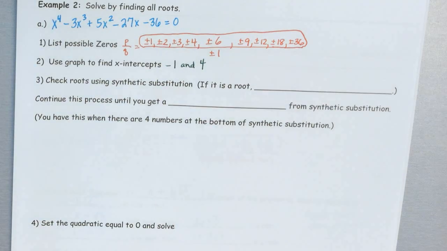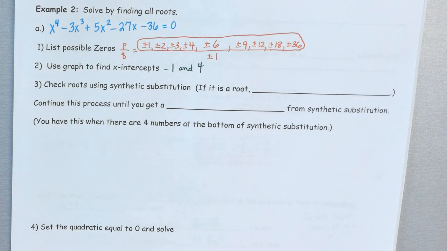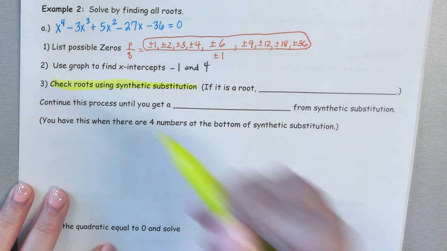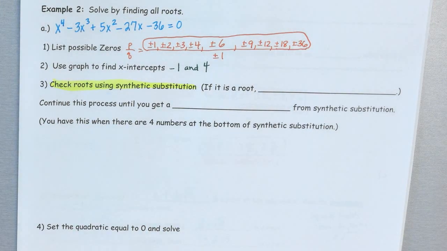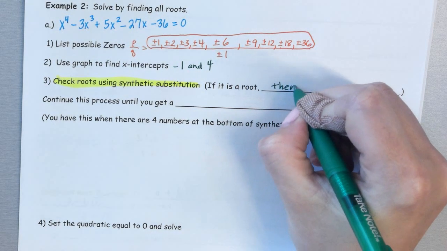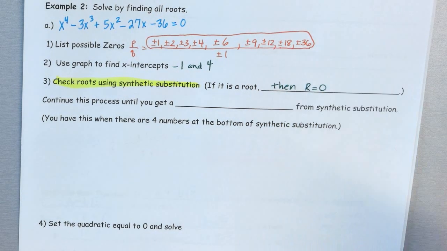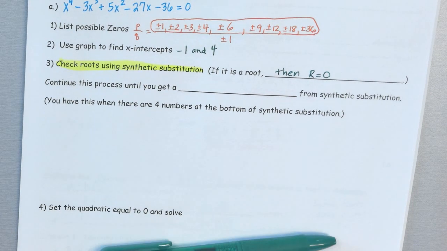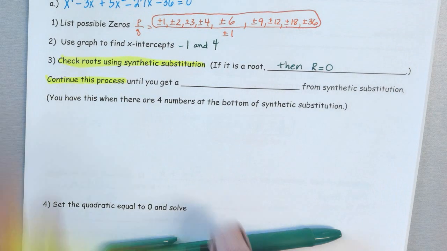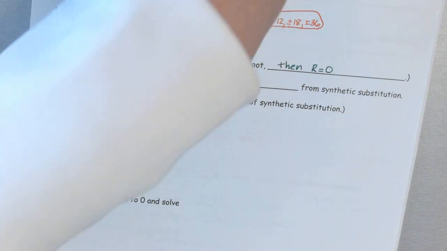I'm going to show you how we're going to use both of them. We're going to check roots using synthetic substitution, the synthetic division. If it is a root, we know that the R value will be 0. So if it is a root, then R equals 0. Nice conditional statement there. Now we are going to continue this process until you get a quadratic expression.